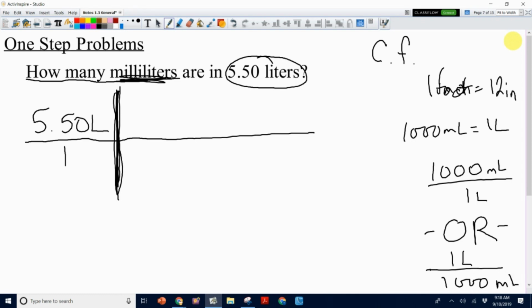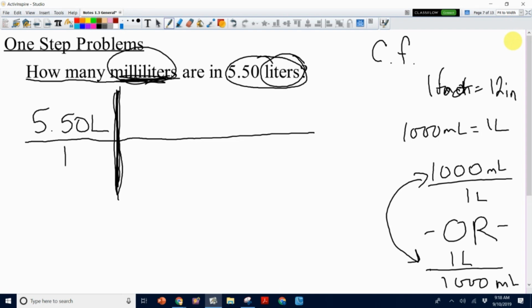Nope, I guess that was the right number of zeros. Okay, so either one of these is the conversion factor. Now you want to write a conversion factor that contains both units that you have. Sometimes you're going to have to write 2 conversion factors, and we'll see that when we get to multiple step problems.